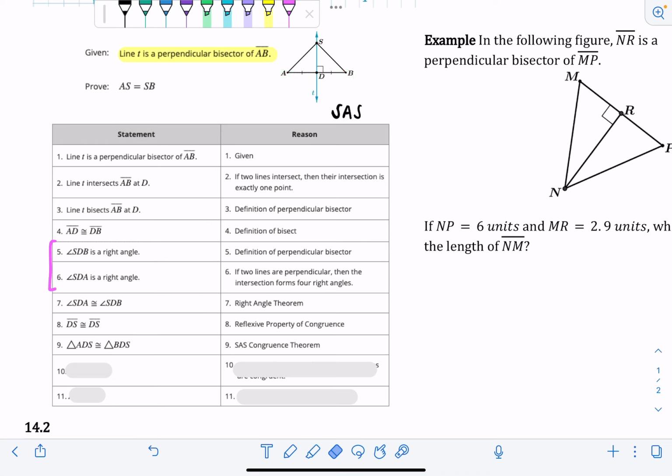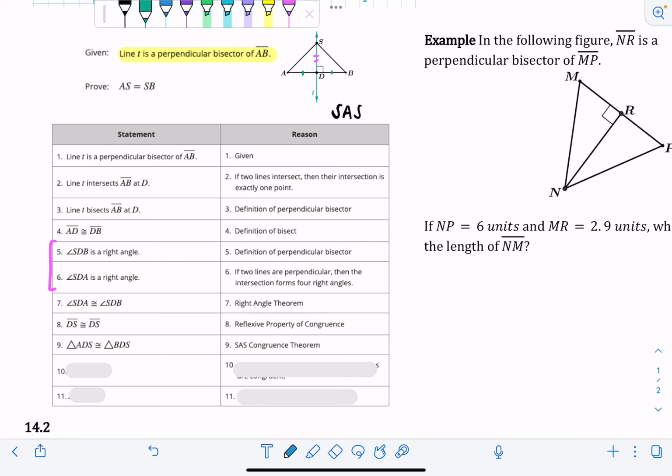Okay, so now because we've said that the two triangles are congruent, we already know that these two sides are congruent, and that side is congruent to itself. If the triangles are congruent, then every set of corresponding parts are congruent to each other.